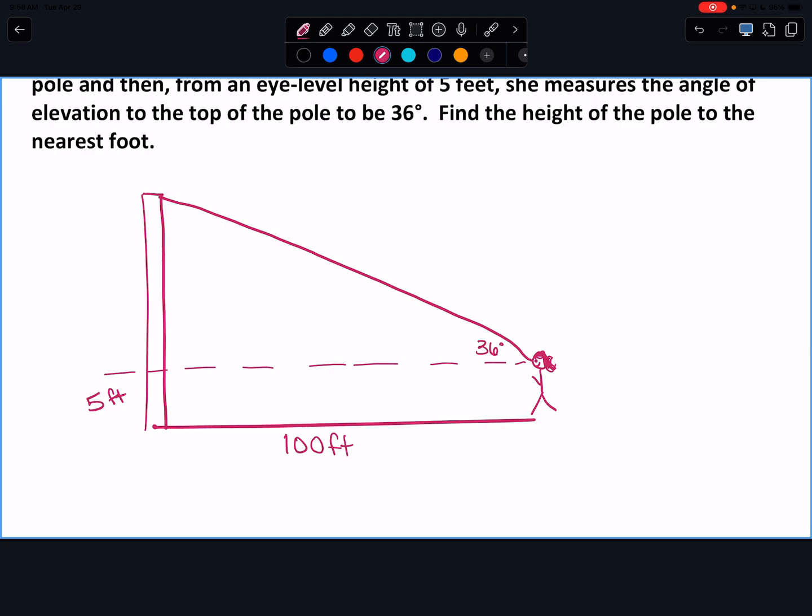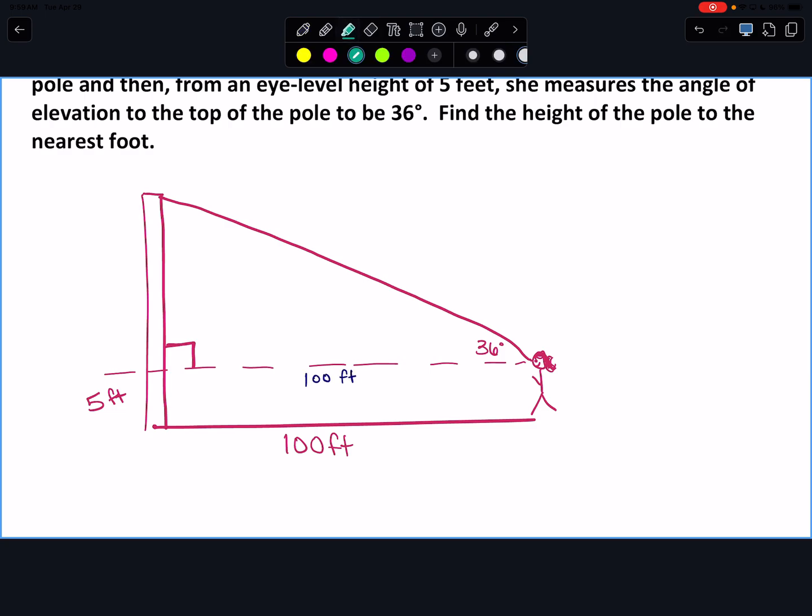So we're going to assume that pole is perpendicular to the ground. They typically try to put poles in the ground perfectly straight up and down. So that creates a right triangle. So if her feet are 100 feet away, how far are her eyeballs away from it? 100 foot.